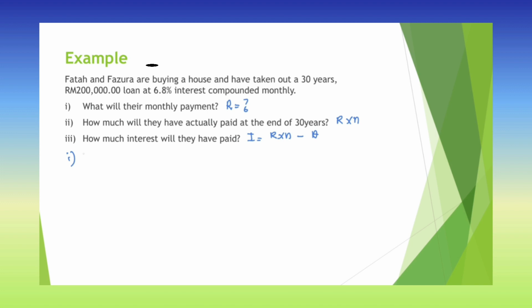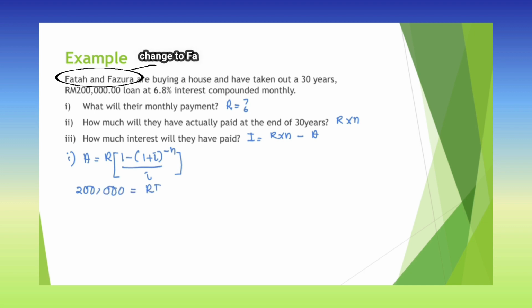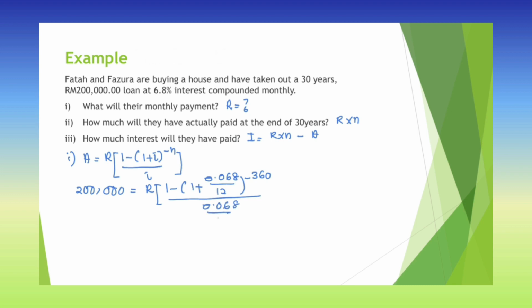For question number 1, we are going to use the formula A equal to R, 1 minus 1 plus I to the power of negative N, over I. So A here is 200,000 equal to R, 1 minus 1 plus 0.068 over 12 to the power of negative 360, over 0.068 over 12.